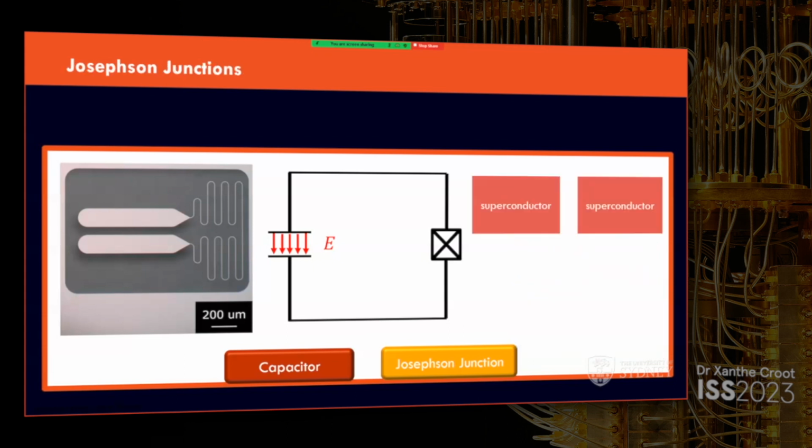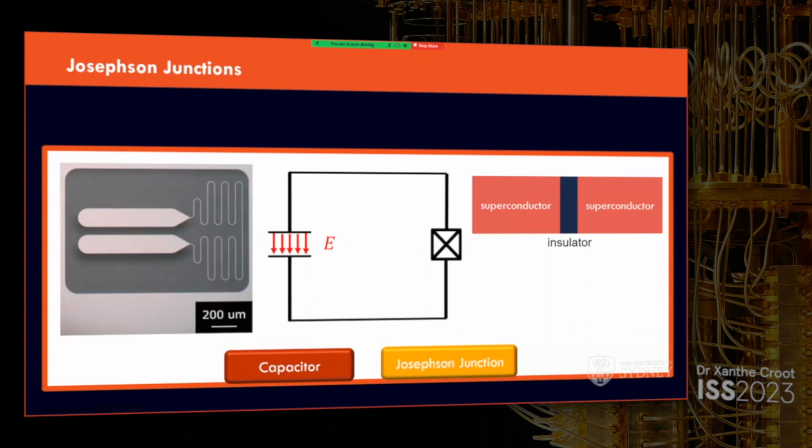All right, what is a Josephson junction? I've already said that it's a special circuit element that you can only get in superconductors. It's basically a superconductor on one side, a superconductor on the other side, and between them a really, really thin layer, often on the order of nanometers, of insulator. If this was a classical circuit element, you put an insulator between something and no current can get through.